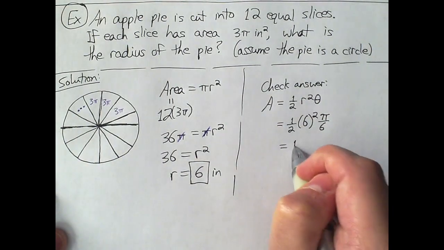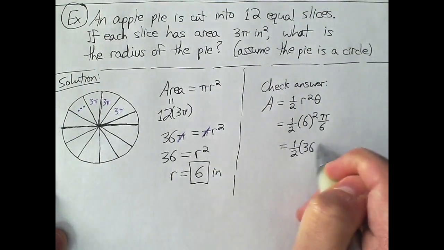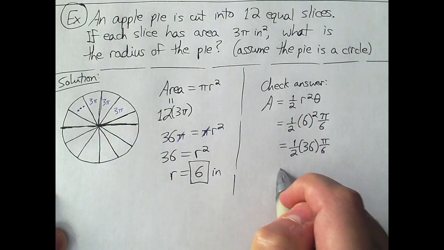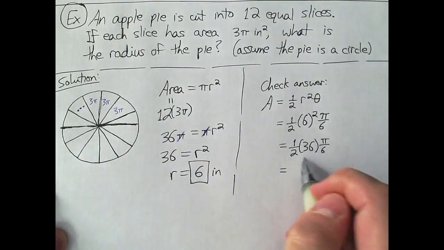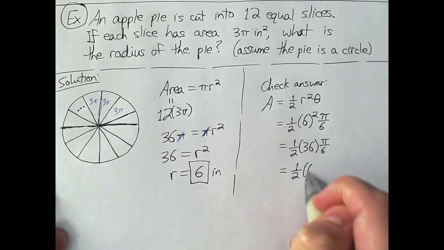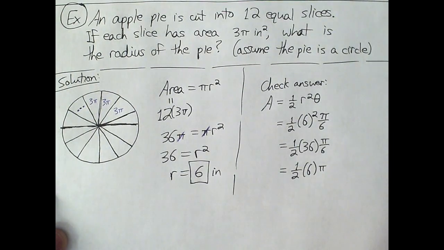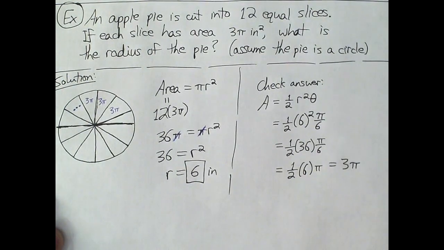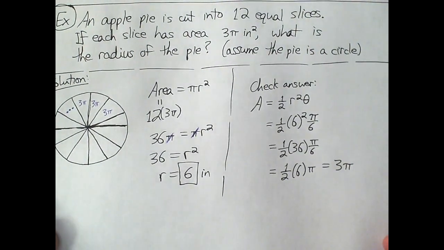This says 1/2 of 36 times pi over 6. 36 over 6 is 6, so let's start simplifying. 1/2 times 6 times pi. I get 3 pi. What was I checking?